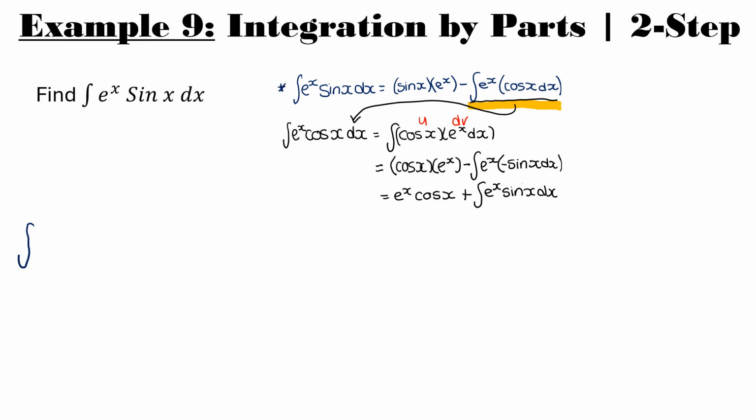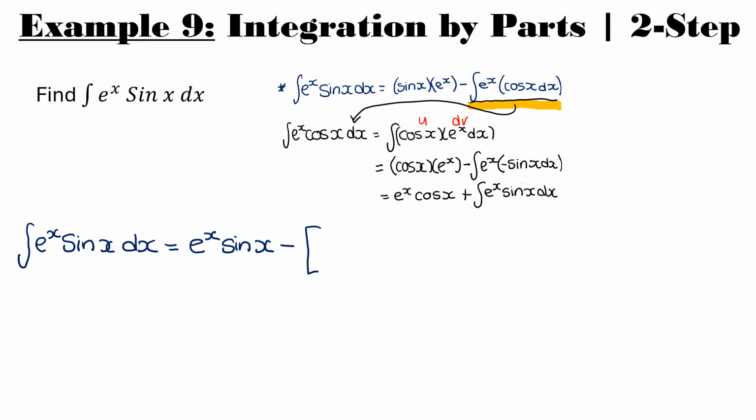So we have the integral of e to the power of x sine x dx. That's the thing we want. And we know that's equal to e to the power of x sine x minus the integral of e to the power of x cos x dx.